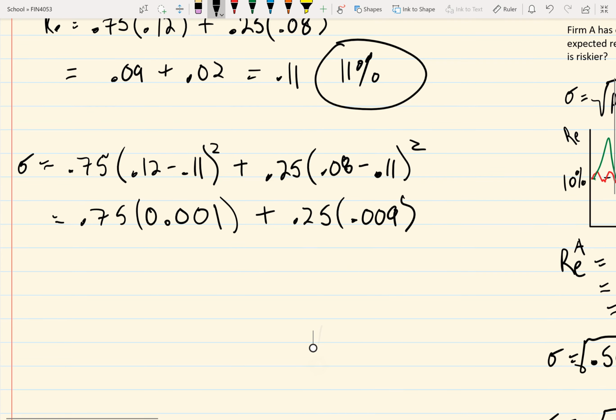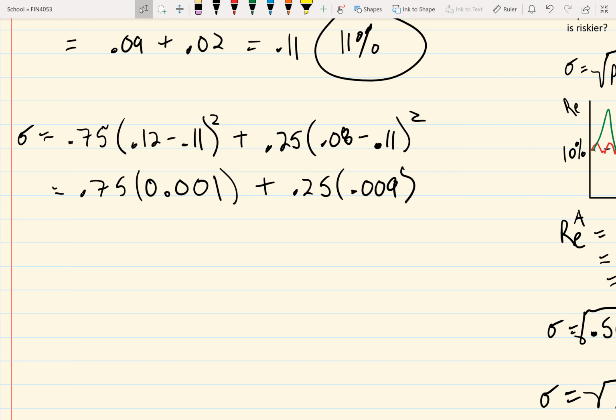And this works out to be 0.3%. You all can check my math on that. And of course, here, still, firm A is riskier because 5% is higher than 0.3%.